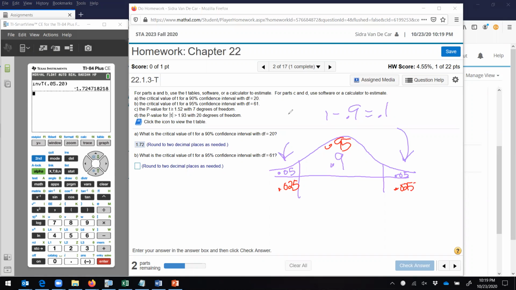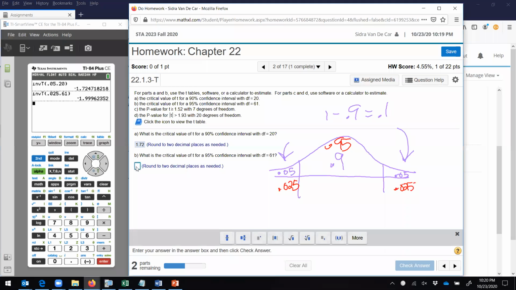If I do the same key command, but we're changing this to 0.025 and the degrees of freedom to 61, that rounds to 2. To 2 decimal places, that would round to 2.